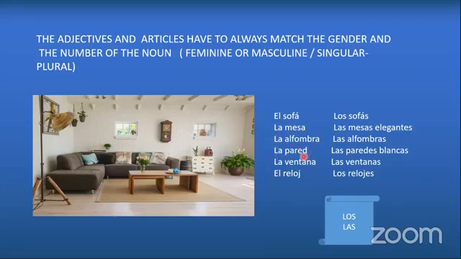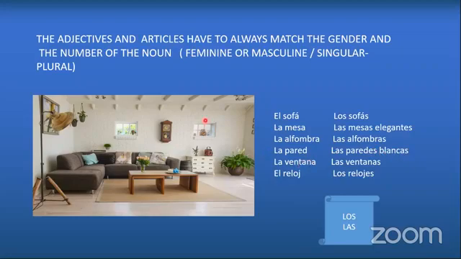La pared becomes las paredes blancas, the white walls. We say white walls because we have to match gender and number. Las paredes blancas. It's not las paredes blanca. It's las paredes blancas. If this is plural, everything has to be in plural, even the color.